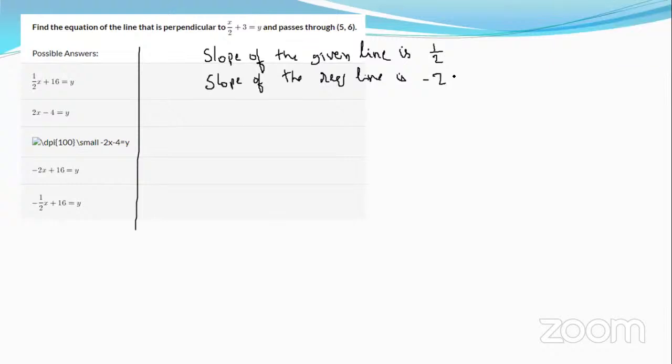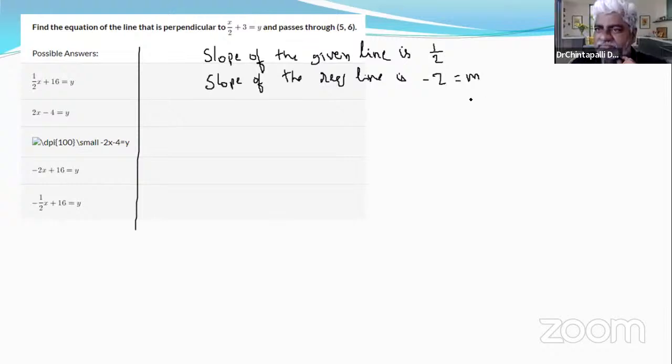So it is equal to m. The required line passes through the point 5, 6. It is nothing but x1, y1. Now the required data to find the required line is ready. m is equal to negative 2 and the point is x1, y1.